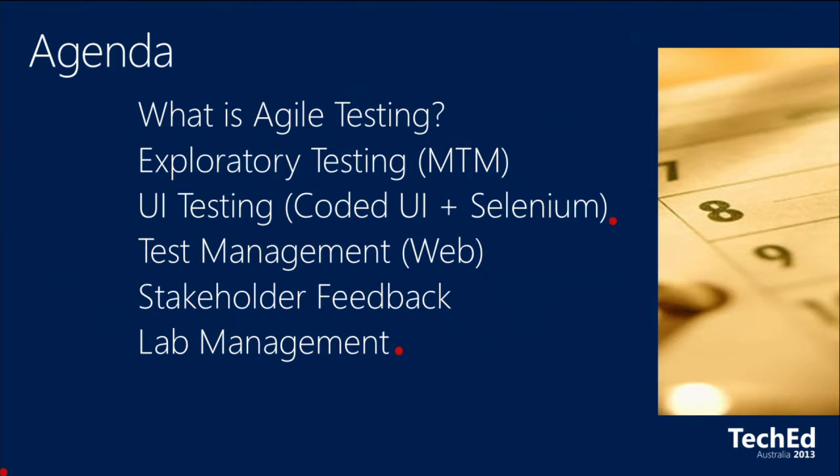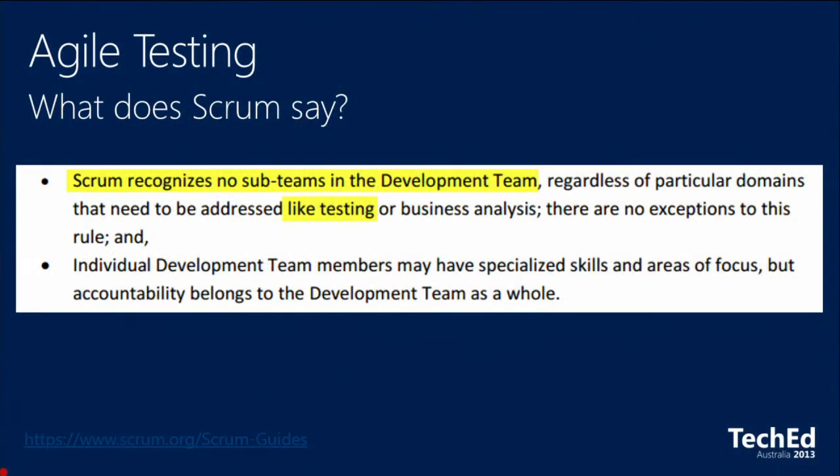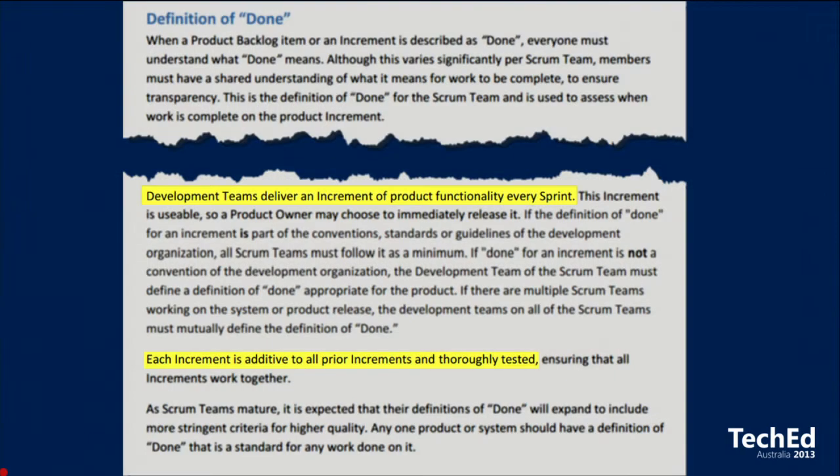Okay. All right. Agile testing. Now, I just want to remind you, Scrum says there's no sub-teams. The testers are in the team. Okay, important. It also says when you deliver an increment of software each sprint, it must be fully tested.